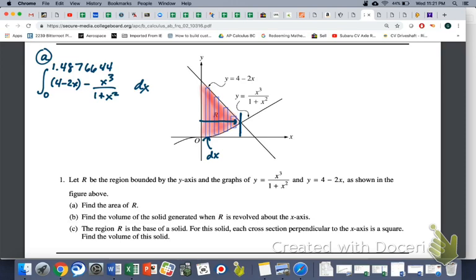This is a calculator active question, so at this point I would use my calculator to figure out an approximation for the area of R. And when I do that, I'm coming up with 3.2145, so 3.215, I guess, if we round to 3 decimals.